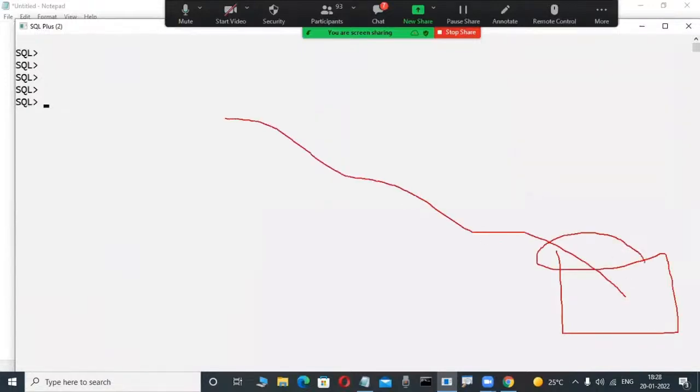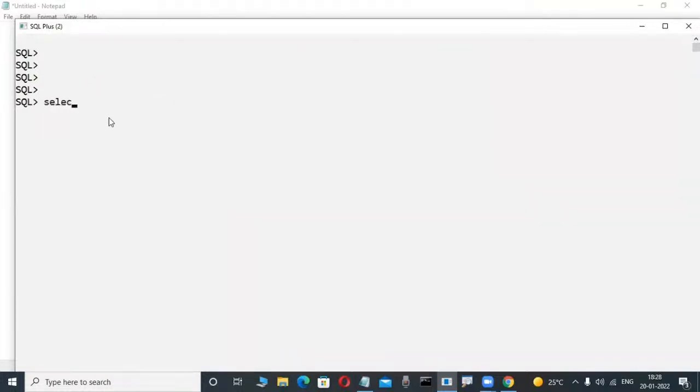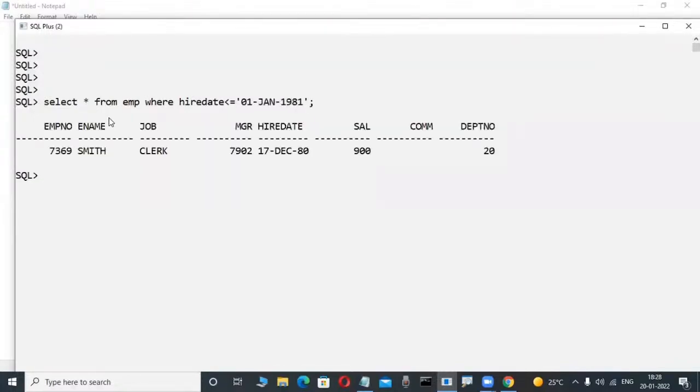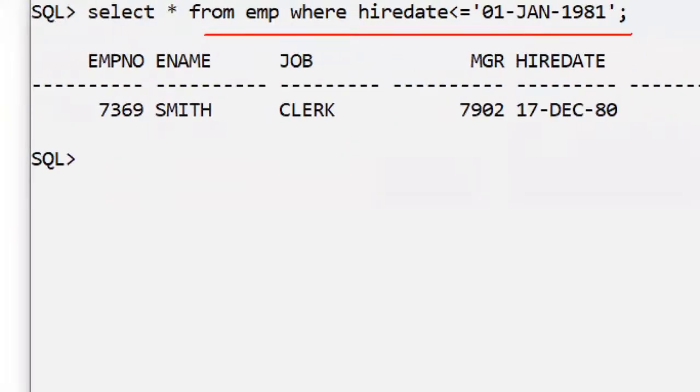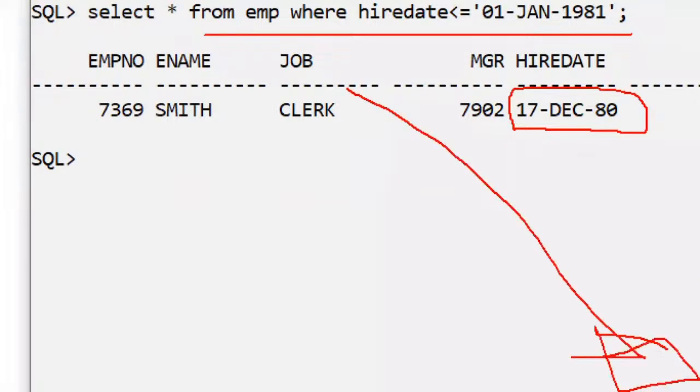How do they fetch this data? They write queries. These are called queries. Observe here: select star from table name where hire date is less than or equal to 1st January 1981. Just by writing the query, the data is automatically displayed. With a single line of code, the employees who joined before 1981 are retrieved from the database.